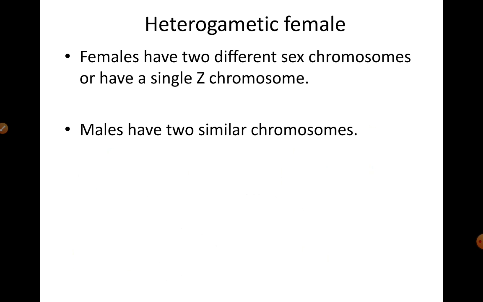On the other hand, we said there are heterogametic females. Females can also be heterogametic. There is no rule that only males should be heterogametic. In a few instances, you also find that the female is heterogametic, having two different sex chromosomes, and males remain homogametic with two similar kind of chromosomes.